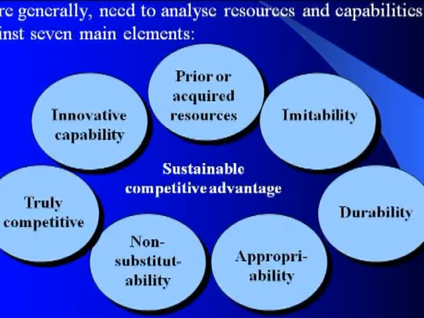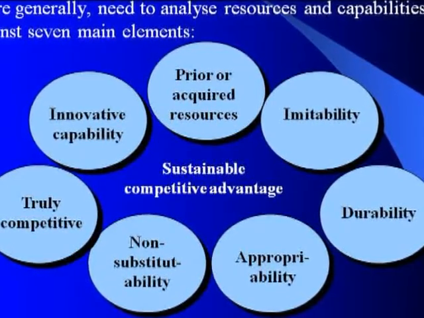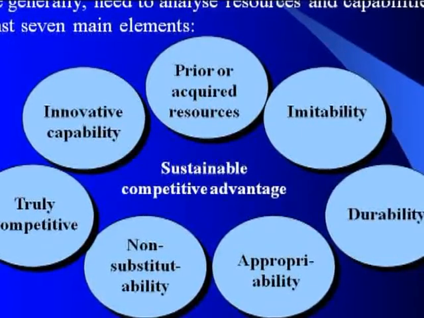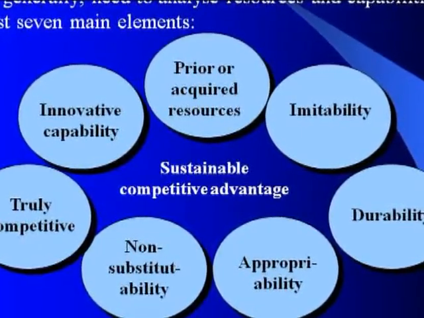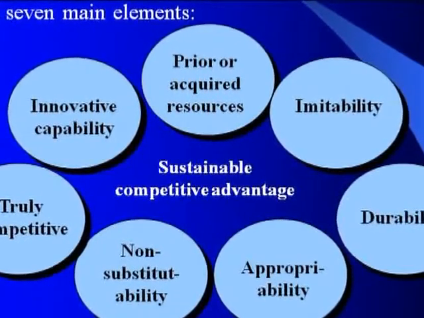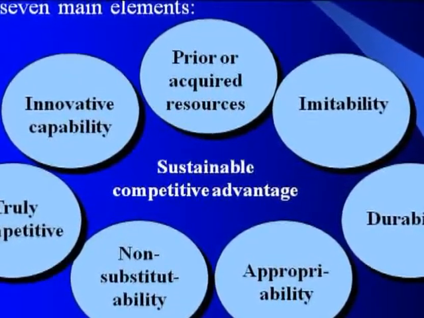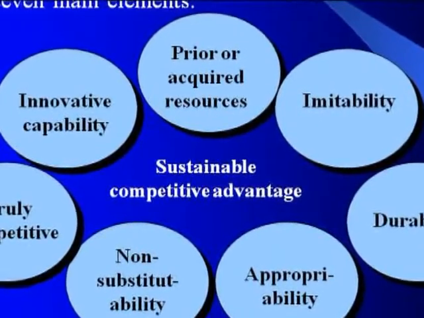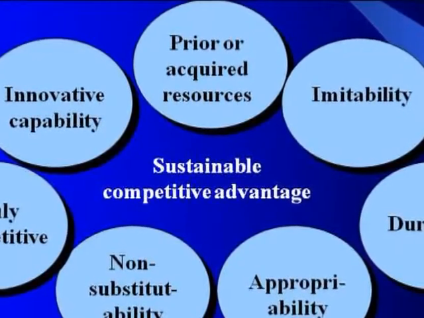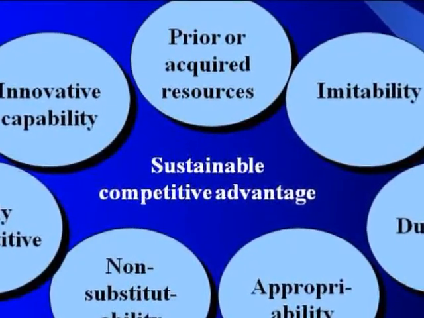Number 1, prior or acquired resources. Number 2, innovative capability. Number 3, being truly competitive. Number 4, substitutability, a resource that cannot easily be substituted for another. Number 5, appropriability, a resource that is uniquely possessed by the organisation.